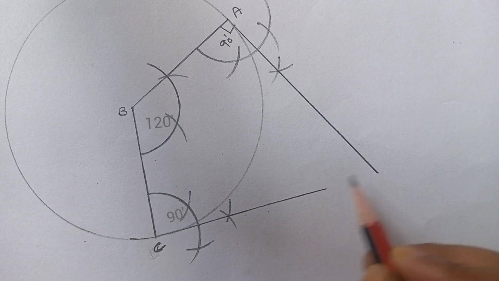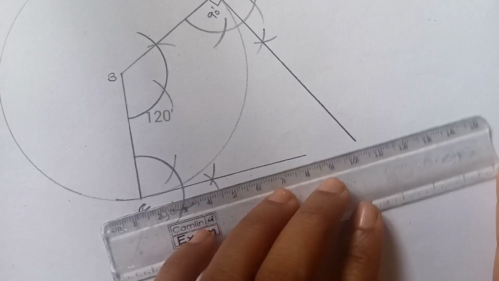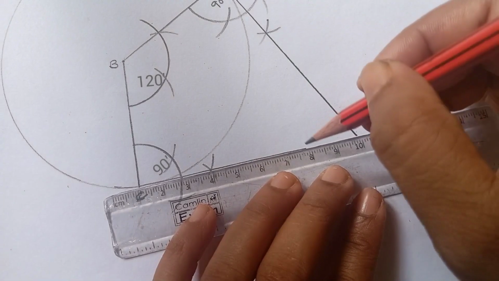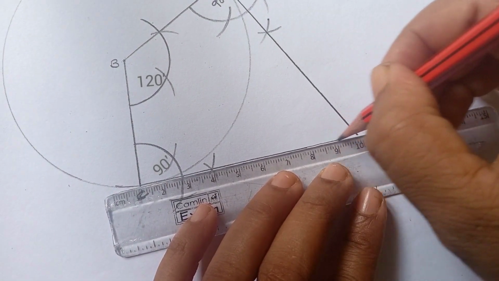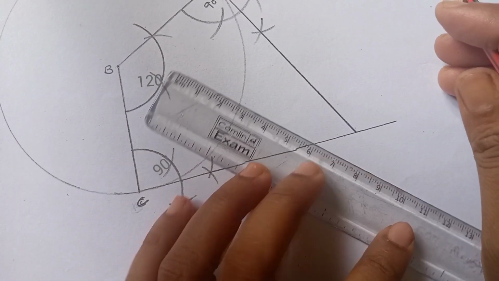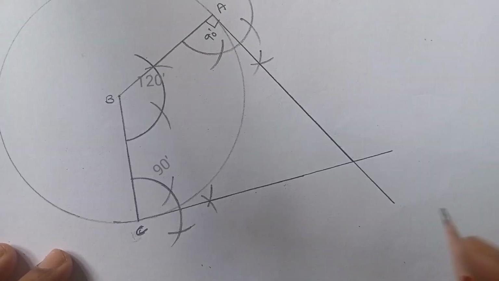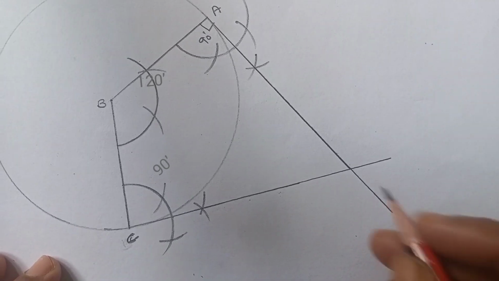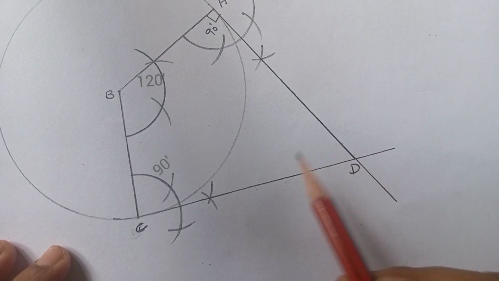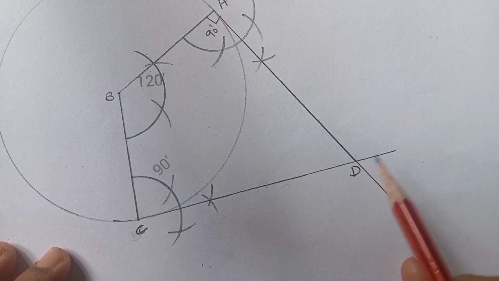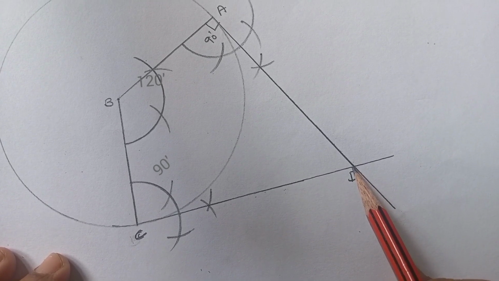Now let us join these two tangents. Let us name this point as D. These two tangents are inclined at this point, right?